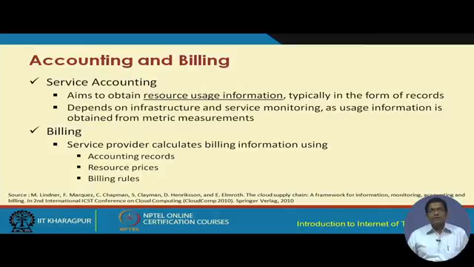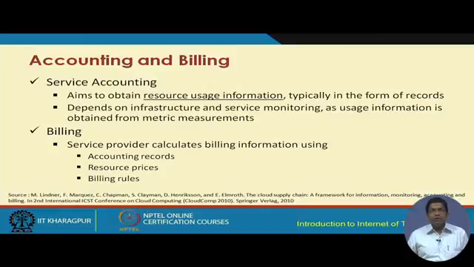Maybe this much unit of resource consumption will lead to this much billing rate, and a higher amount will lead to another higher rate, and so on. So, there have to be slabs or some billing policy, some billing rules, which have to be agreed upon between the customers and the service provider.